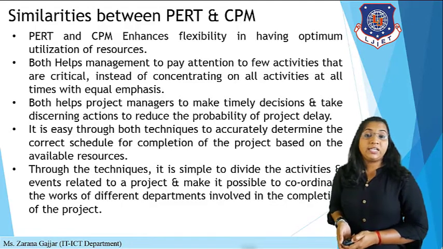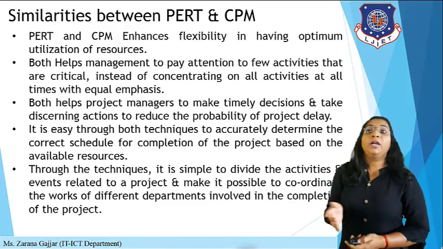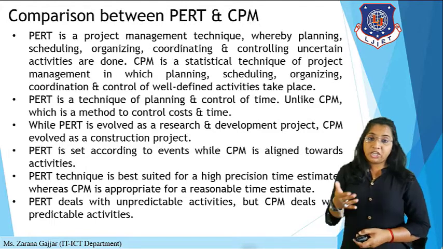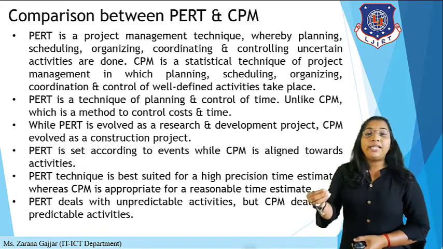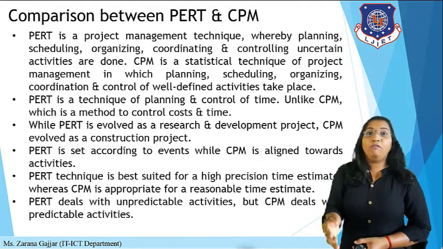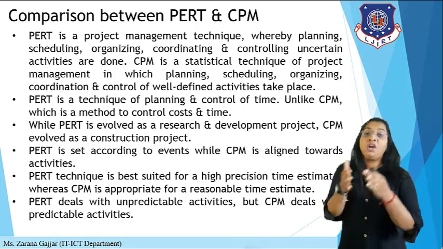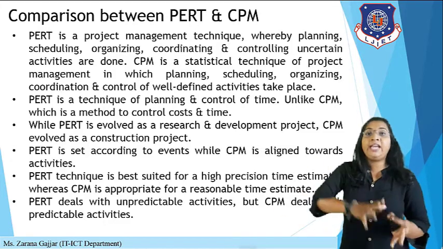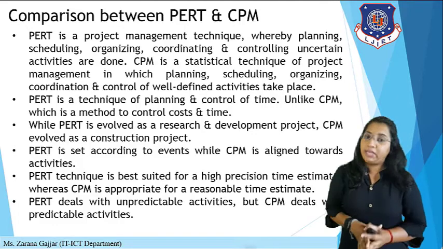Okay, so now let's discuss what are the differences. So differences between PERT chart and CPM. PERT is a project management technique whereby planning, scheduling, organizing, coordinating and controlling of uncertain activities are done.